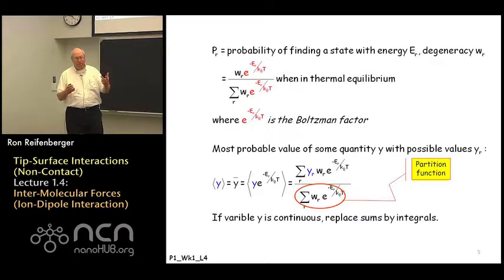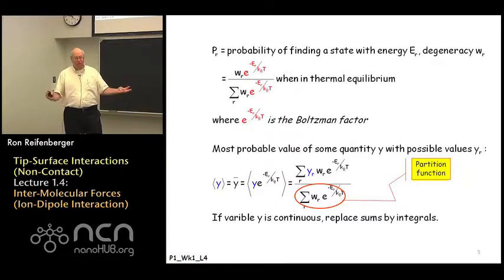So if we label each state with an index R, the probability of finding state R requires us to know the weight of that state, W sub R, and the energy of that particular state, E sub R. And if we multiply the weighting factor times this Boltzmann factor, e to the minus E sub R over kT, that forms the numerator for the particular state R.